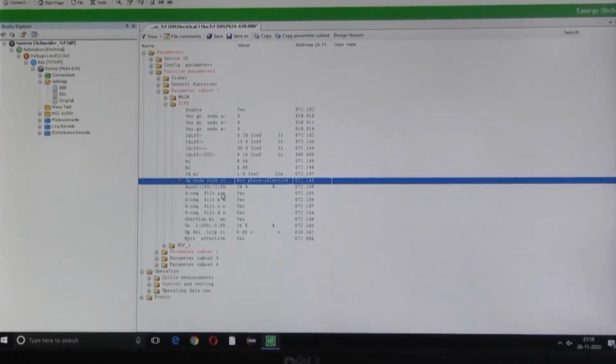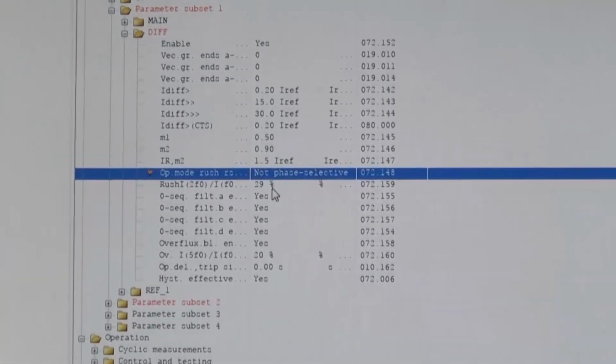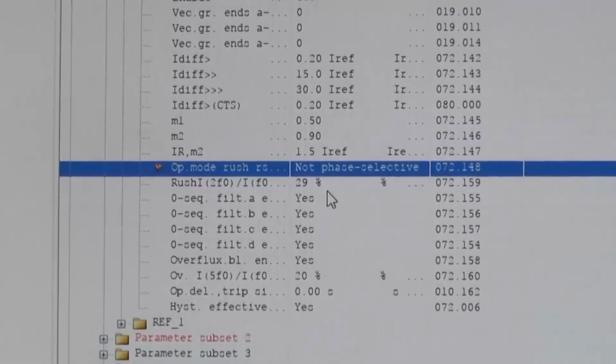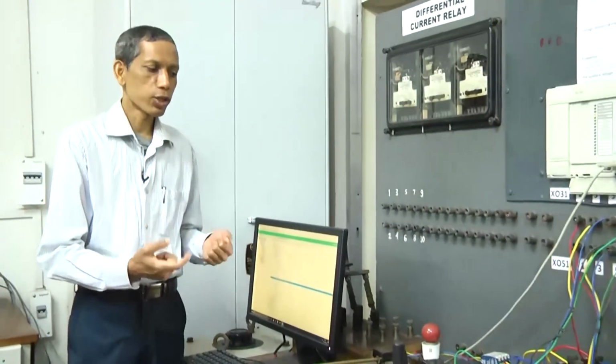Here we have set the inrush setting to be active, and it is on a 29% setting. Like the earlier case, where inrush led to operation of the relay, we will see whether, with these restraint features included in the setting, the relay will operate or not. As expected, the relay should not operate.